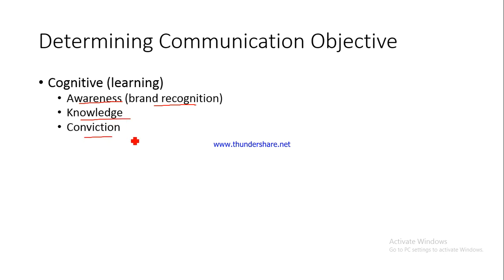Conviction is that the customer is now convinced that the Dhwaj brand of candles is much better than any other brand of candles in the market. So these all are cognitive objectives, because they have to do with the learning aspect of the customer, of an individual. They have to do with the thinking aspect, right? So that is called the cognitive aspect.